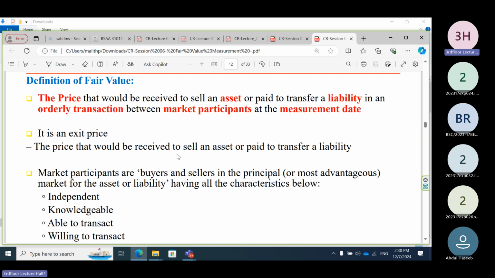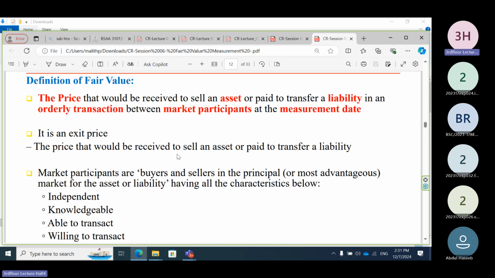Able to transact. What do you mean by that? The market participants, the buyer and seller, should have the ability to do the transaction. People can state their price, but they need the capability. They should balance their prices and value, and they should be willing to do the transaction.